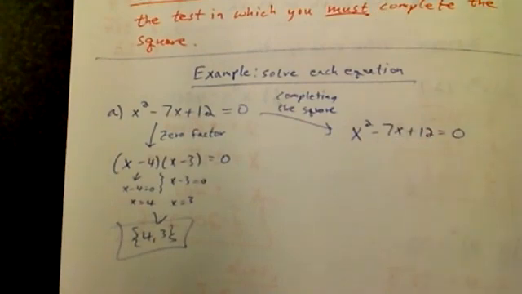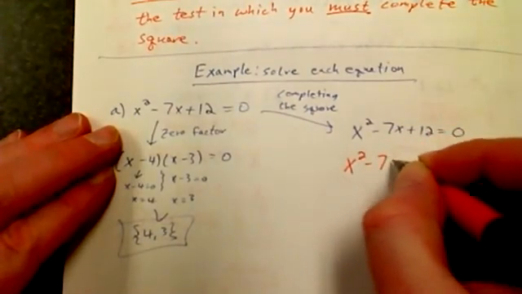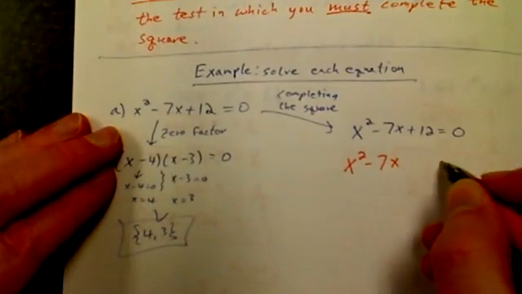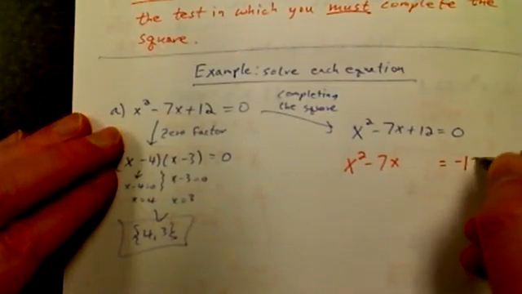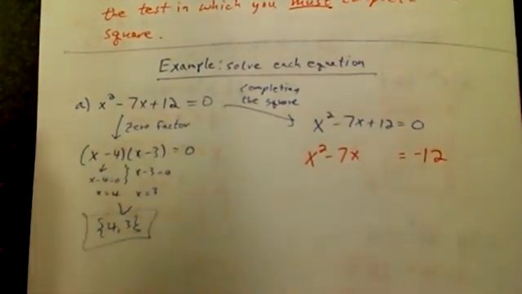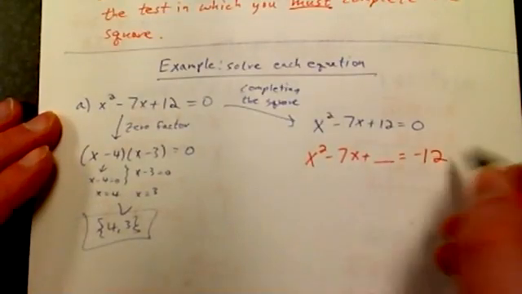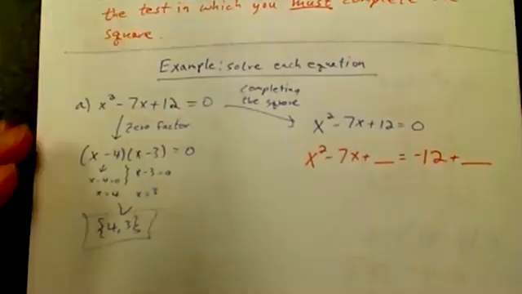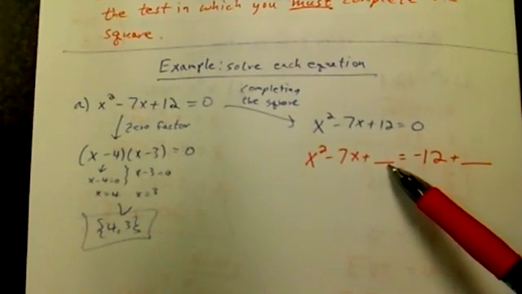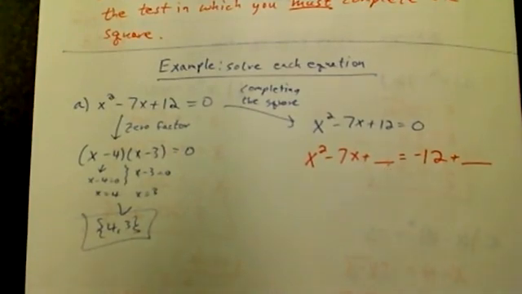Now, there's a process to this. I'm going to start by writing my equation, and I'm going to get the constant over to the other side like so. And I'm actually going to add a blank in 2 spots. Why? Well, if I add some value here on the left-hand side of the equation, I have to do the same on the right-hand side.